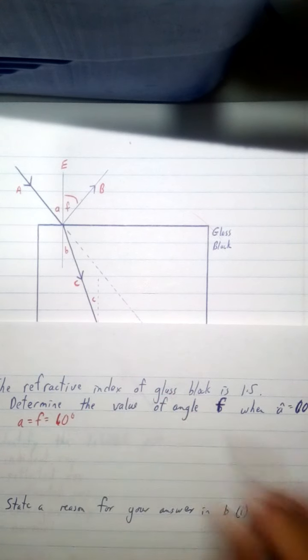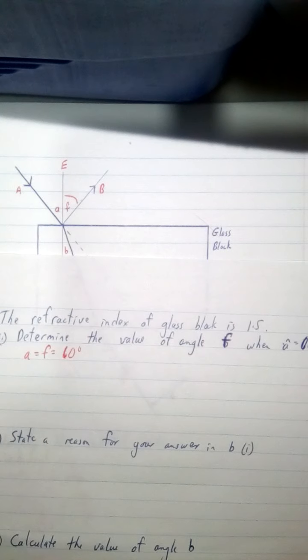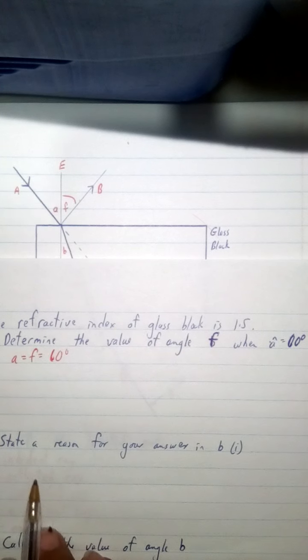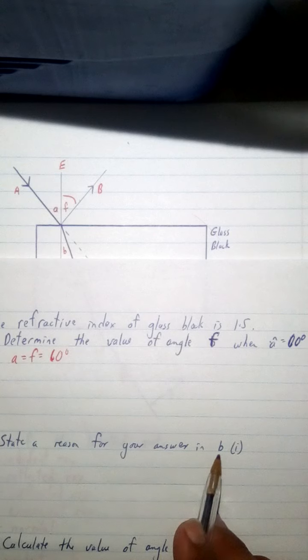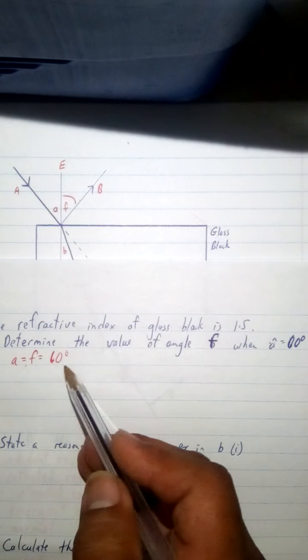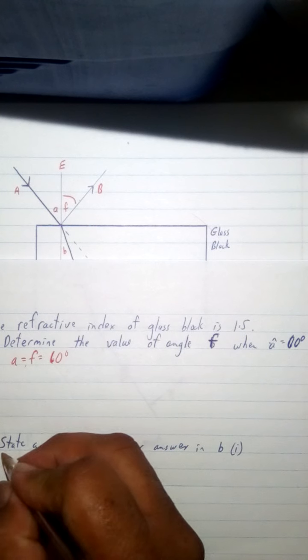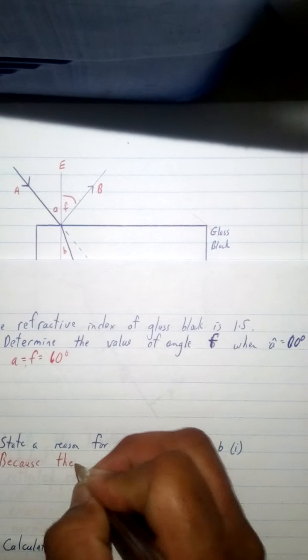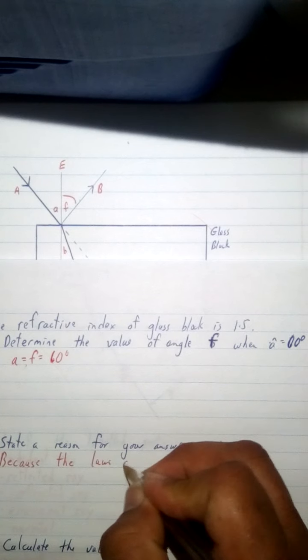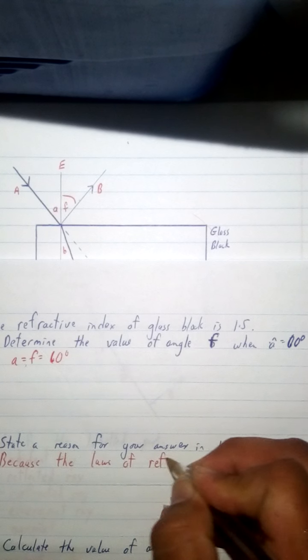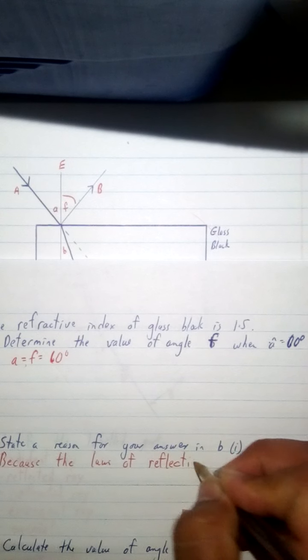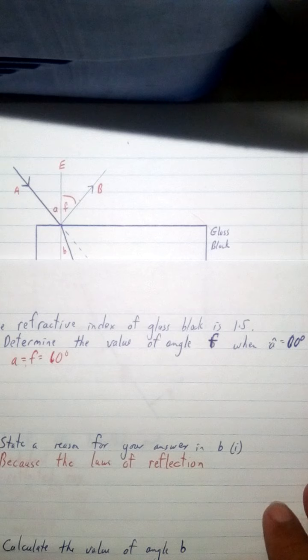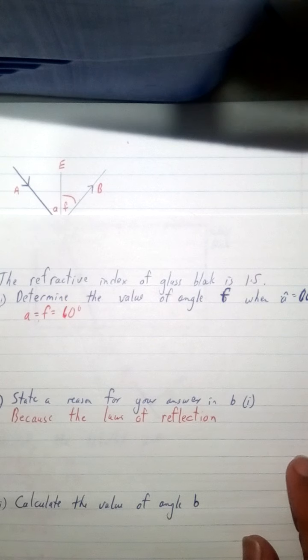We all know the reason why, but a question may come up and they ask you to explain. State a reason for your answer in B. So why do we get this answer? Because of the laws of reflection, not refraction, reflection. We know that there are two laws of reflection.